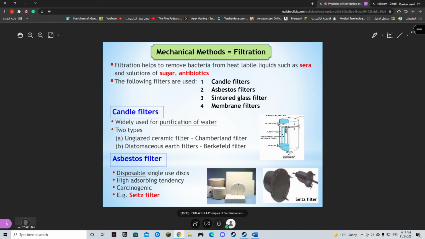Chamberlain was actually the name of a scientist, and Berkefeld also. Just out of respect, that's why we use many such terms. For the purification of water, there is also the asbestos filter. Actually they are highly carcinogenic, so nowadays people are not using this one, but this is an example, so I must tell you.